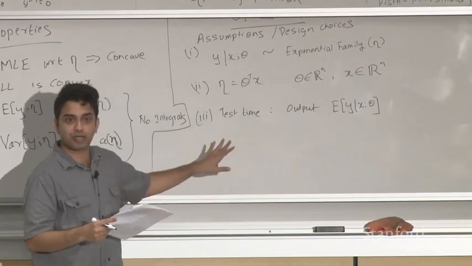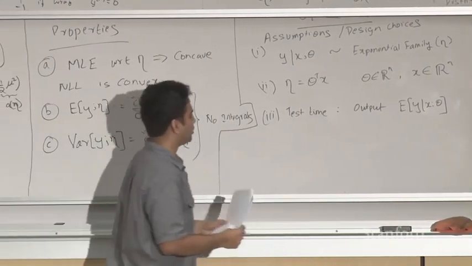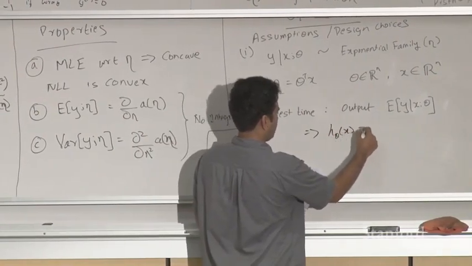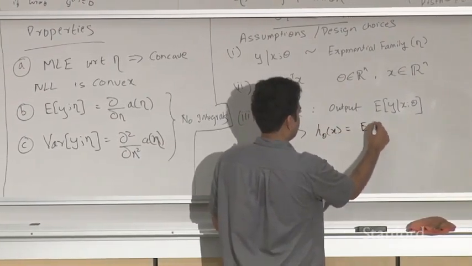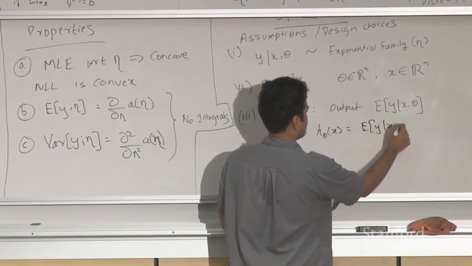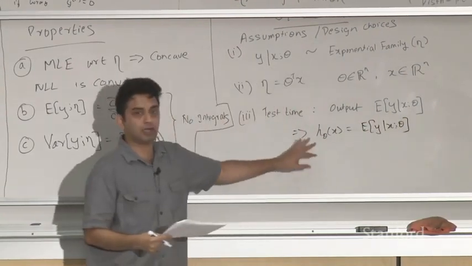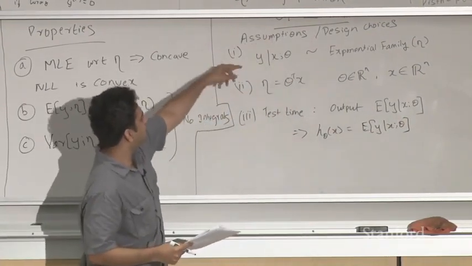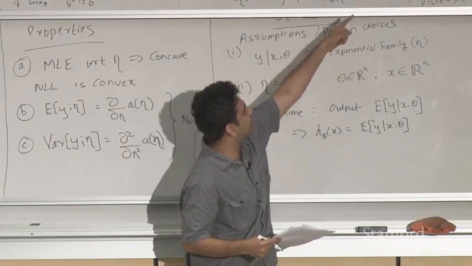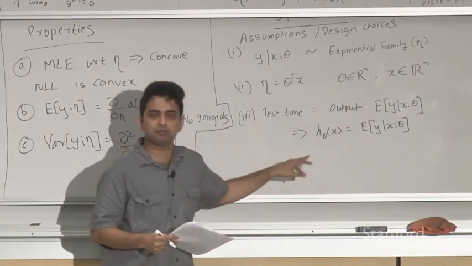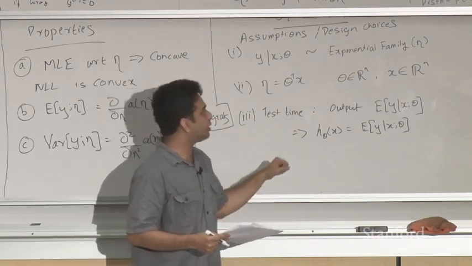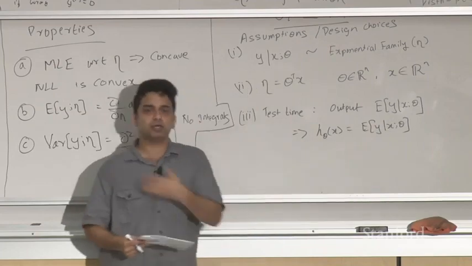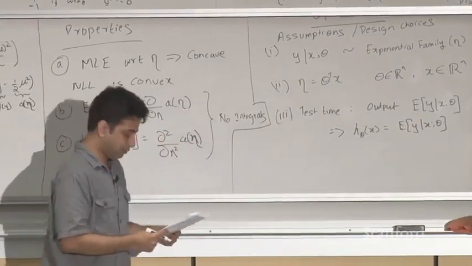This may sound a little abstract, but we're going to make this more clear. So what this essentially means is that the hypothesis function is actually just this. If you plug in the exponential family as Gaussian, then the hypothesis will be the same Gaussian hypothesis that we saw in linear regression. If we plug in a Bernoulli, then this will turn out to be the same hypothesis that we saw in logistic regression, and so on.